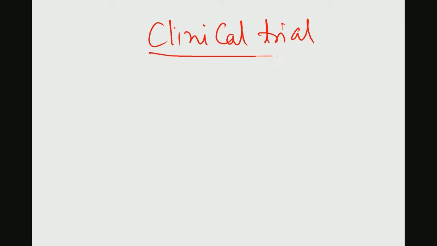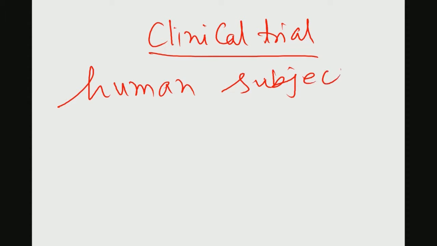Now, when you go to clinical trial experiments, human subjects are required. The human patients who take part in a clinical trial are referred to in the published literature, as well as in many books, as human subjects.